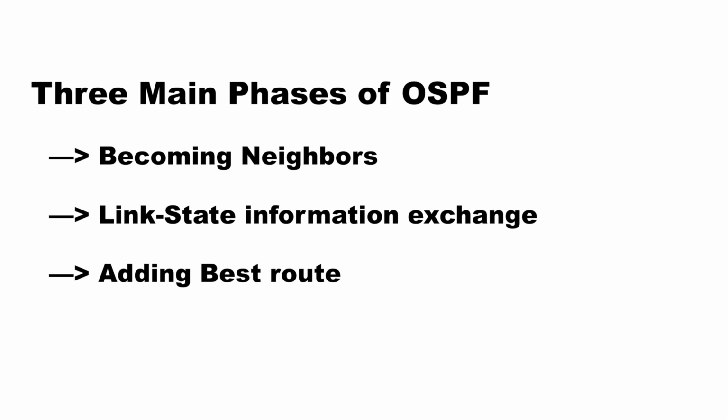So these concepts we'll look into individually. In this video, let's focus on the first phase, which is becoming neighbors, and in other videos we'll look into different phases of OSPF. So let's take a look at how neighborship works.